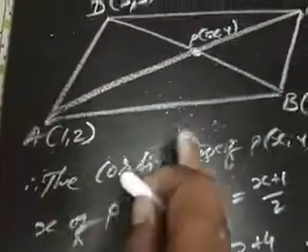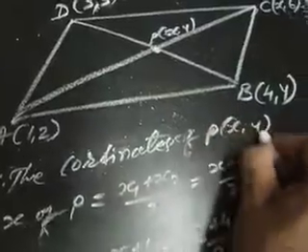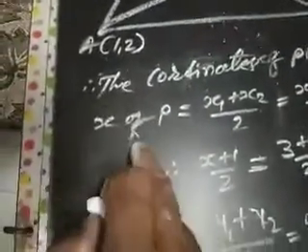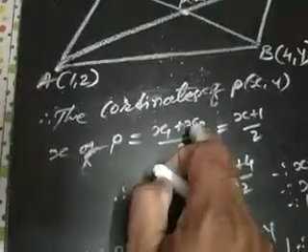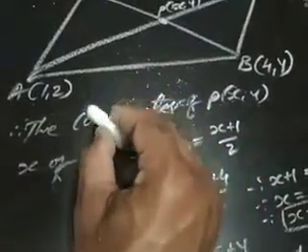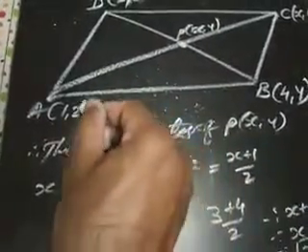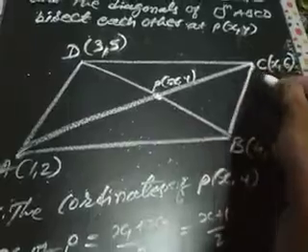So the coordinates of point P: x of P is equal to (x1 plus x2) upon 2, which for this diagonal is (x plus 1) upon 2, where this is x1, y1 and this is x2, y2.